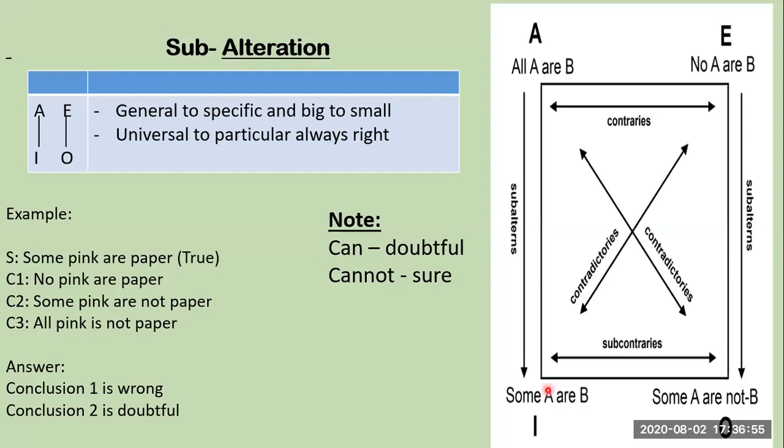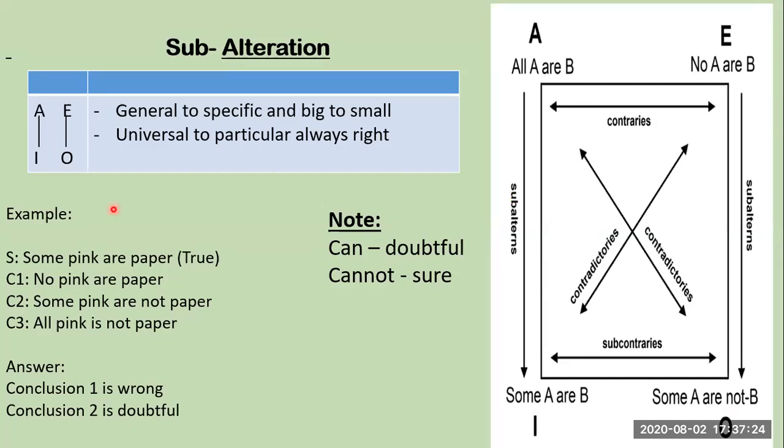In the exam, if they ask for a universal affirmative, your answer should be the statement which starts with A, like all books are black. They'll give all four options like this, and you need to pick the universal affirmative. Universal affirmative means all, universal negative means no, particular affirmative is some, and particular negative is some not. Hope you have understood sub-alterations here.